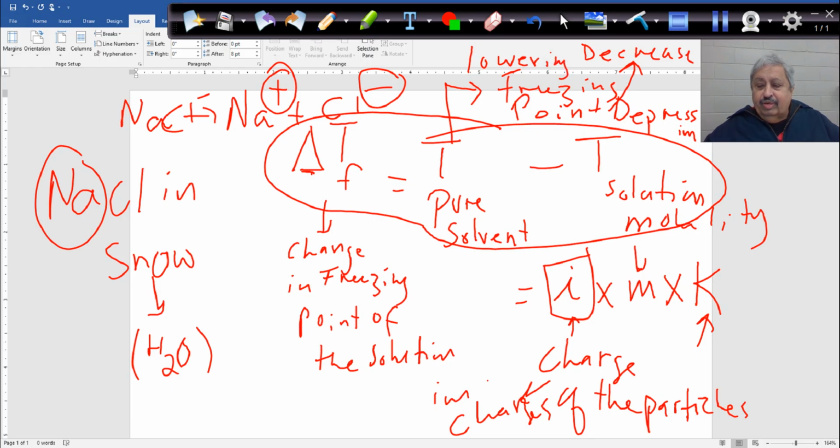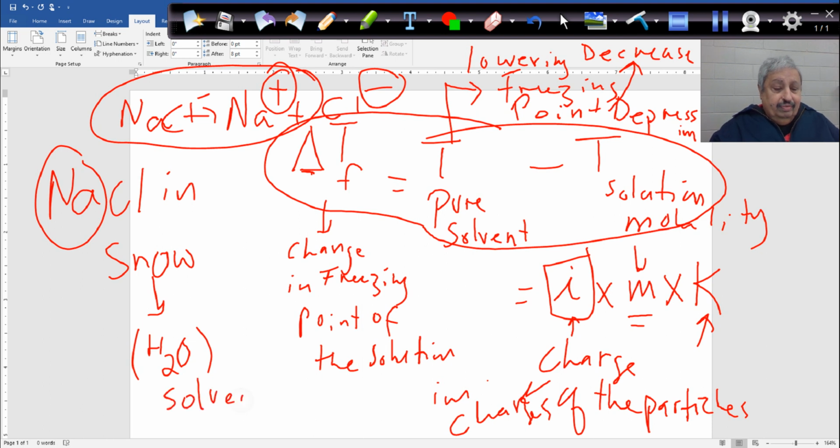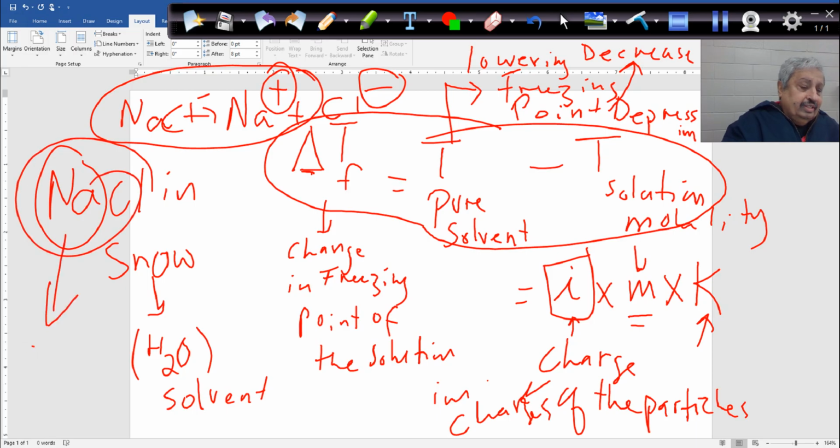It will depend on the charge of the ion of the solute, molality, mole per kilogram of the solvent. Your solvent is snow, and the salt here, the salt we put, that's our solute.